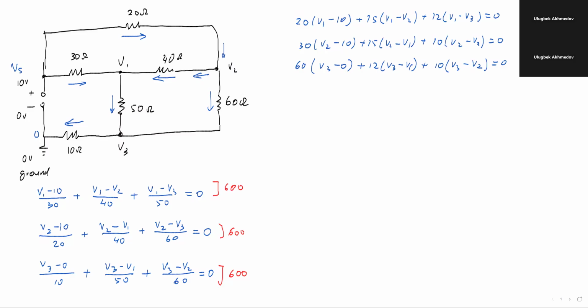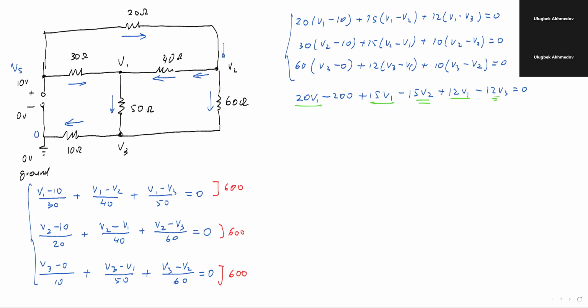All right, so let's open the parentheses and see what happens. This is our system, which is coming from here. So distributing 20: 20V1 minus 200 plus 15V1 minus 15V2 plus 12V1 minus 12V3 equals 0. So combine like terms here: V1, V2, and V3, and the number will go to the other side.